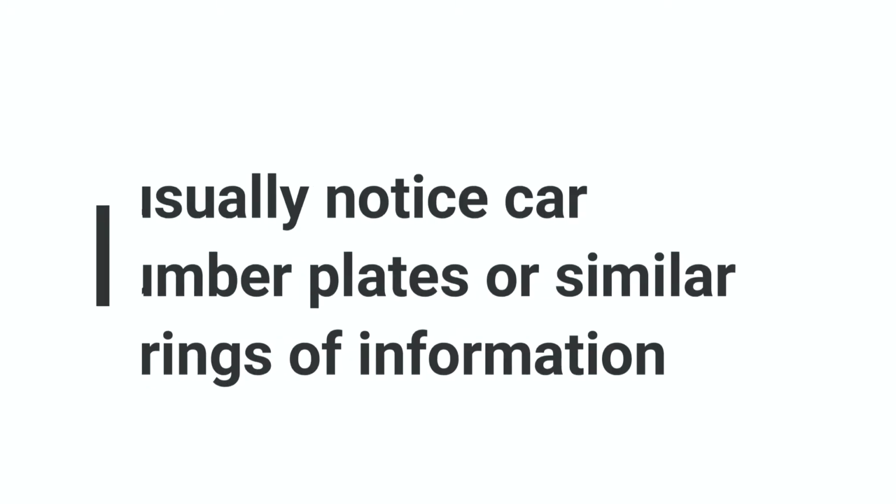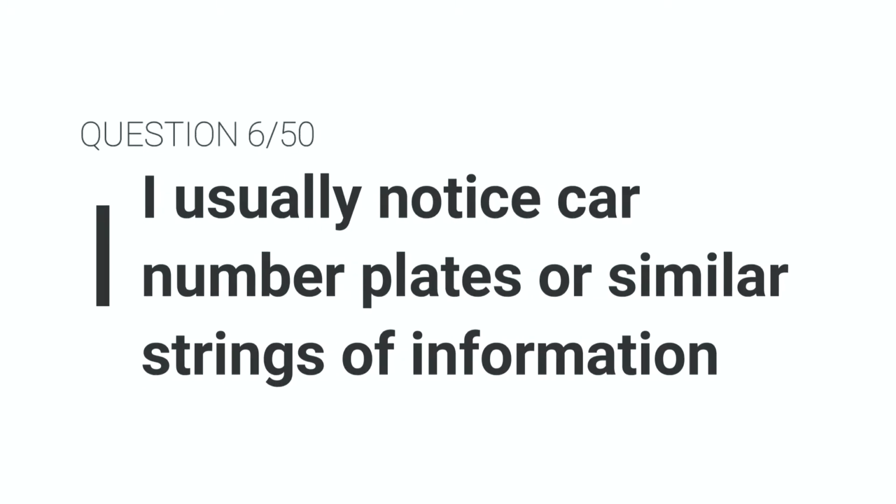Okay, so question number 6 is, I usually notice car number plates or similar strings of information. For this, I have also selected I definitely agree. I do. When I'm walking around, I will look at little logos, number plates sometimes, different strings of information. Just like it says, I will latch onto that, and nobody else will.